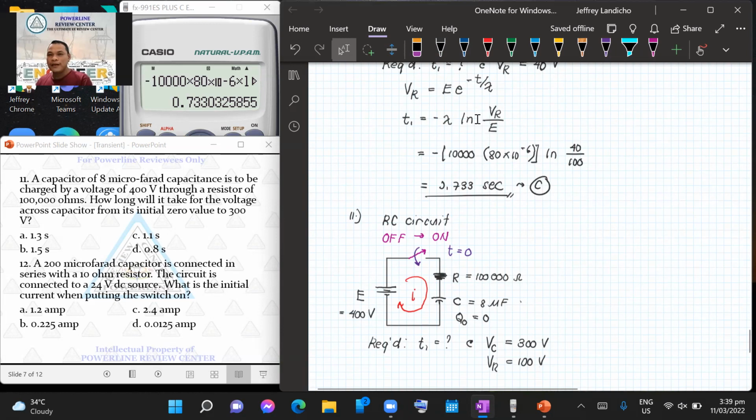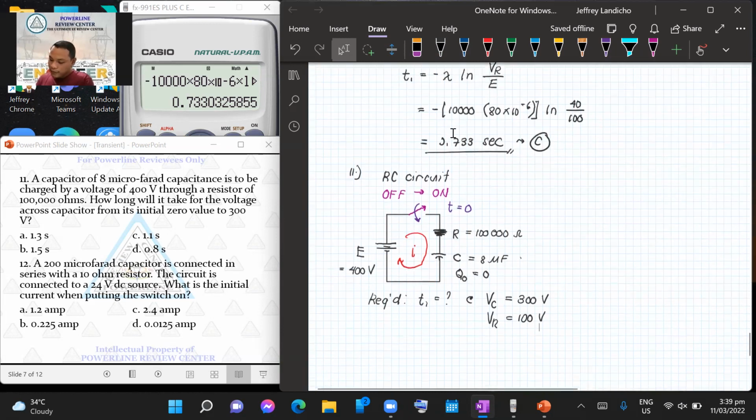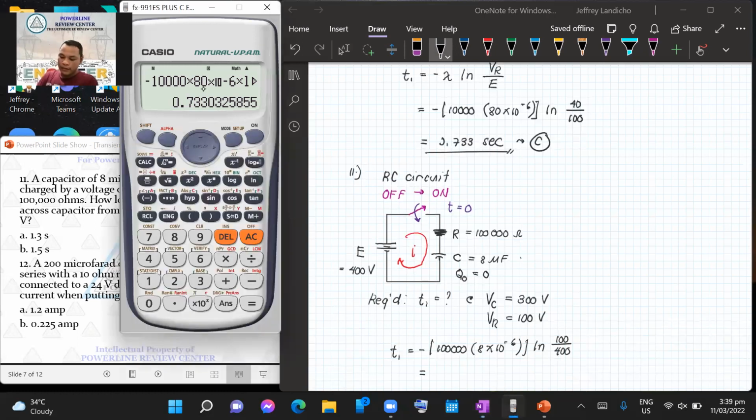So using the same formula, based on our previous problem, pwede na natin kunin ngayon that T sub 1, it should be equal to negative time constant. Ano time constant? Resistance of 100,000 times the capacitance of 8 micro, times ln of V sub R, 100, over source voltage of 400. So, meron na tayong required time. So, negative 100,000 times 8 micro, times ln of 0.25, 1/4.